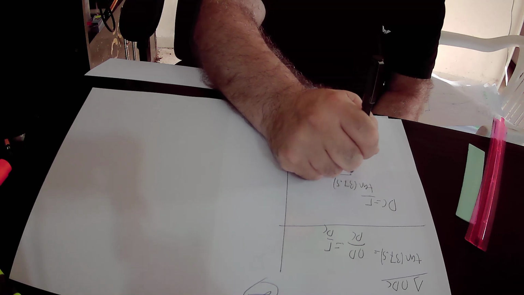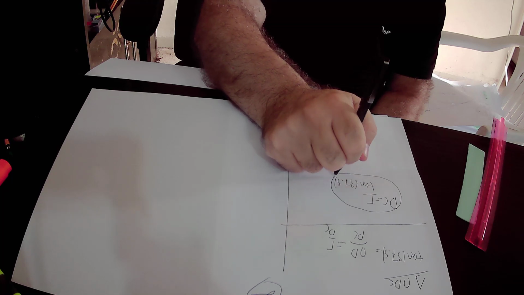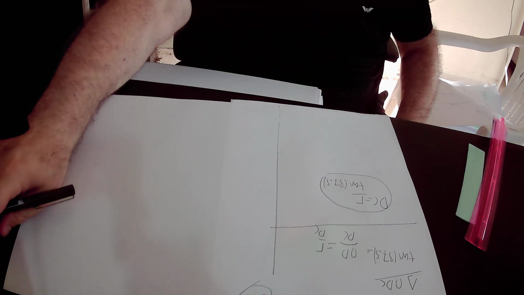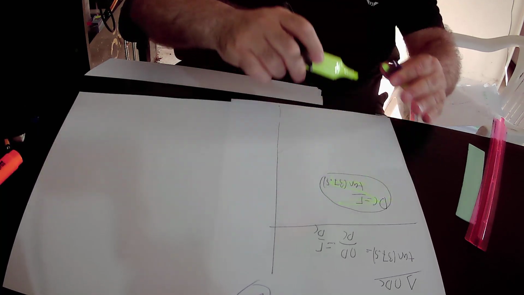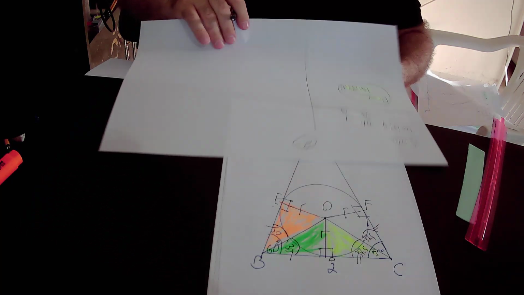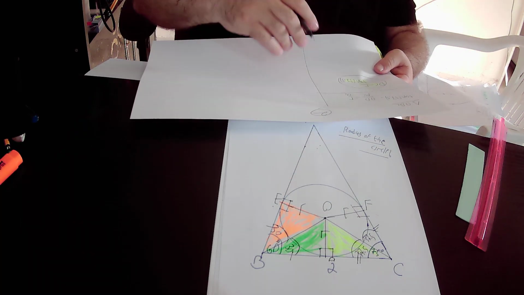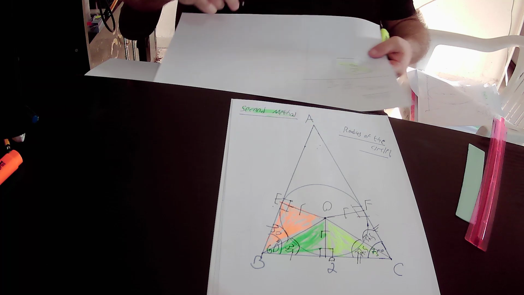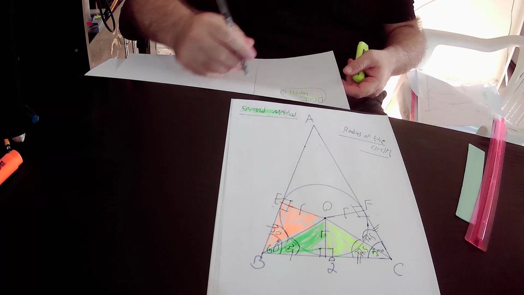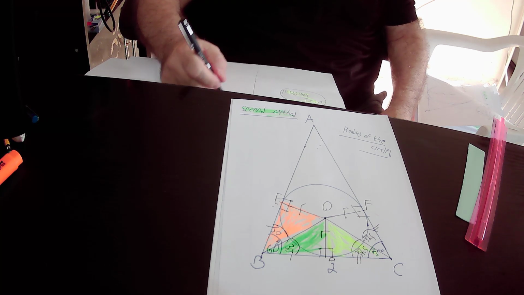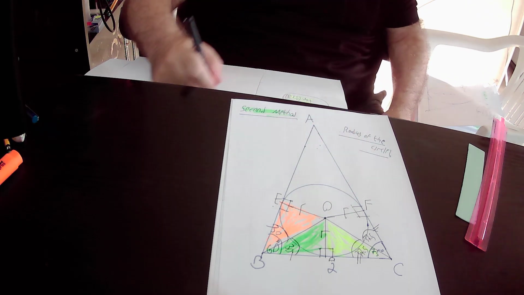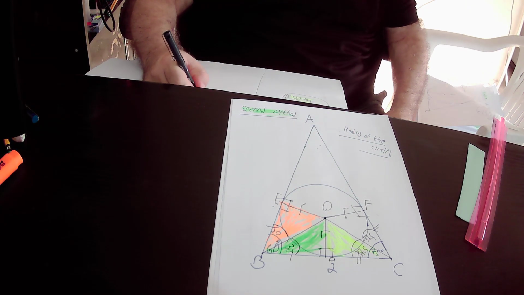So we actually found out the values of DC and BD. And it is very clear from the drawing that the length of side BC is equal to BD plus DC.